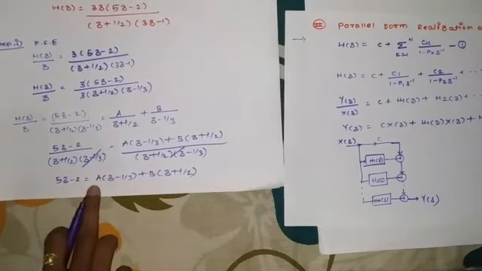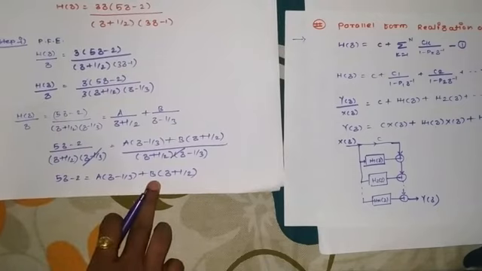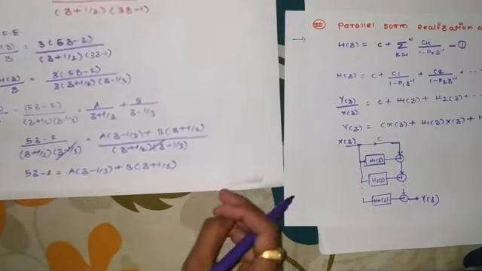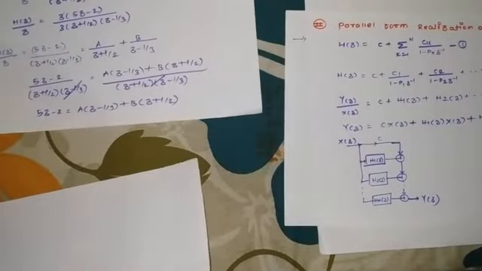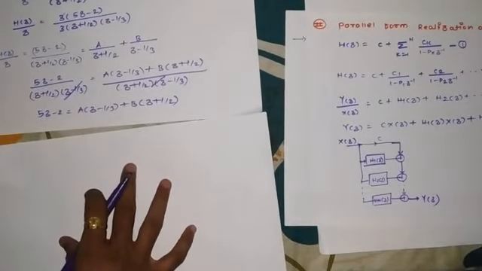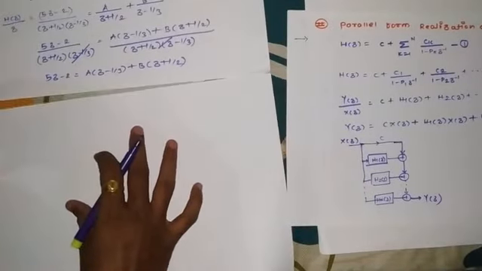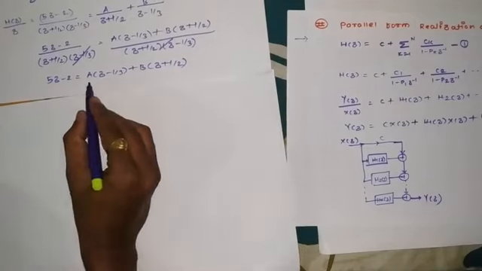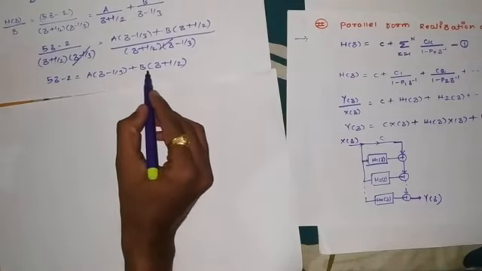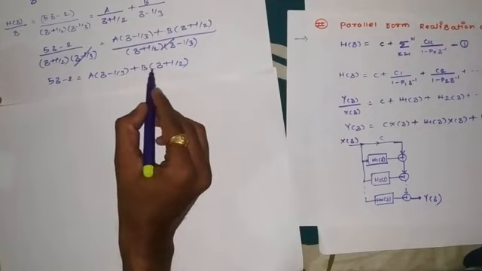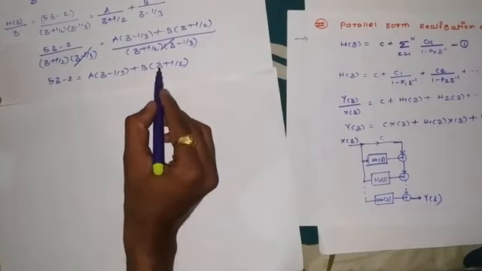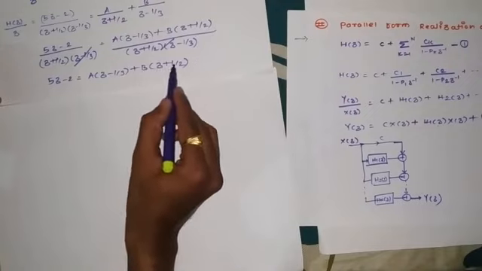Now we'll try to obtain the values of A and B by putting some values of z. First we'll try to find the value of A. Now to find A, one thing is sure, B should be 0. So B becomes 0 if and only if z is equal to -1/2. If I put -1/2 + 1/2, it becomes 0.